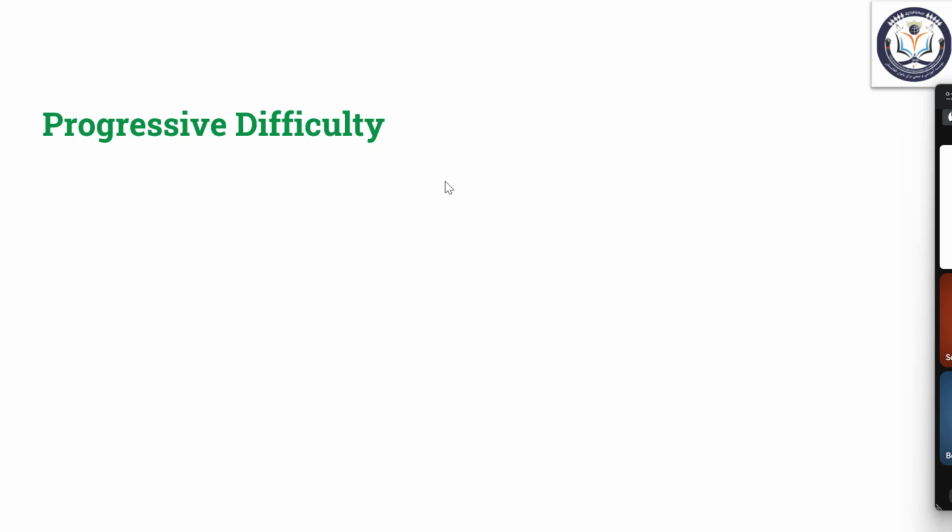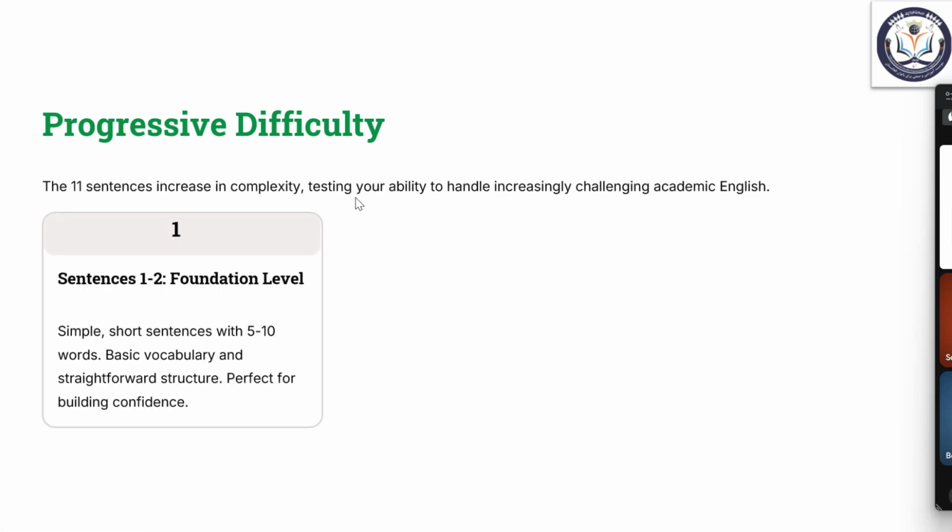It starts with basic ones. The first two sentences are usually the basic foundation level. Sentences 1 to 2 are short, simple sentences, around 5 to 10 words, and they usually use basic vocabulary and straightforward structure.